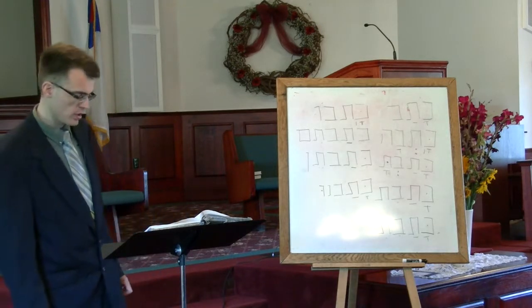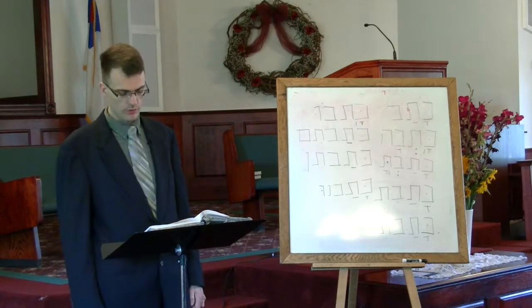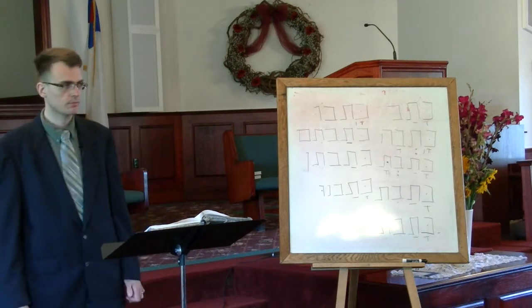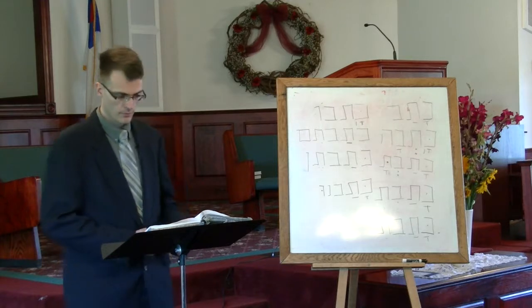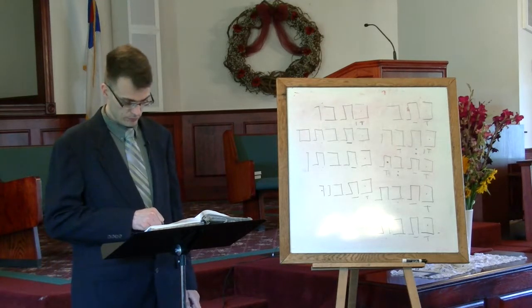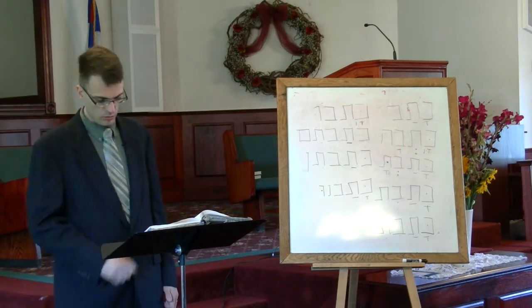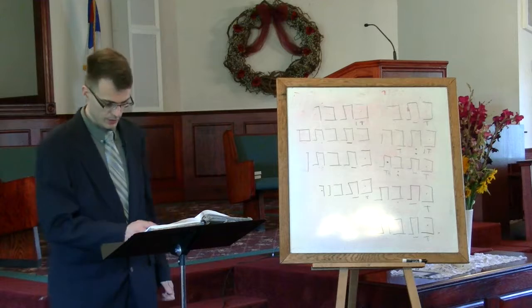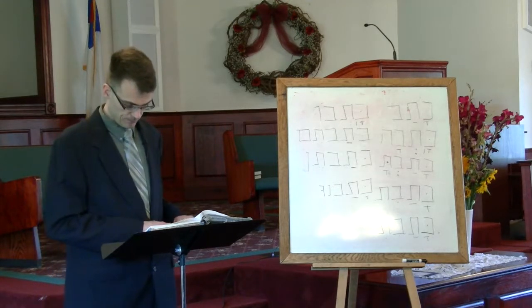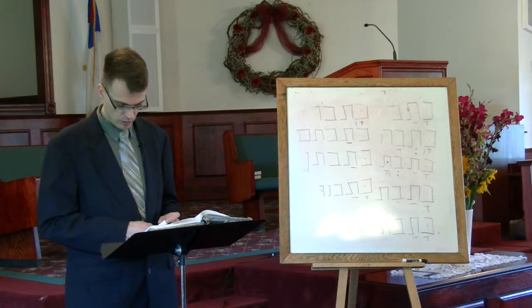What's the difference between the vowel under the samek in sabotha and the first vowel in arotha? It goes from pathak to kametz. Sabotha has a pathak, and arar has a kametz.